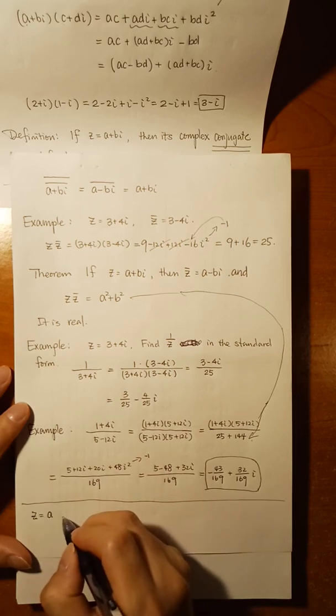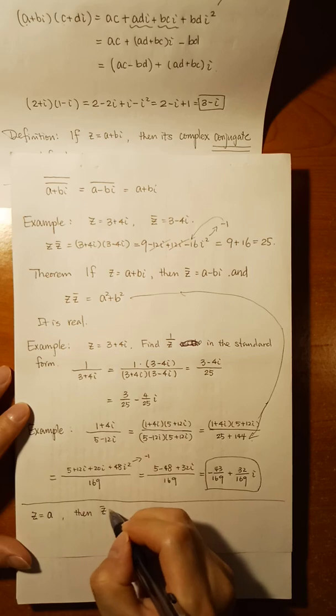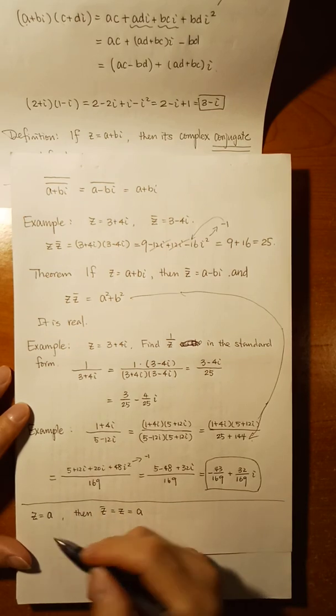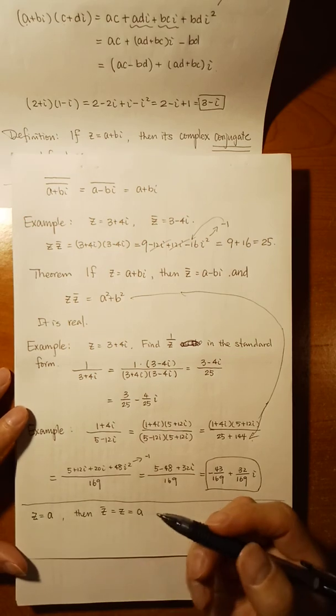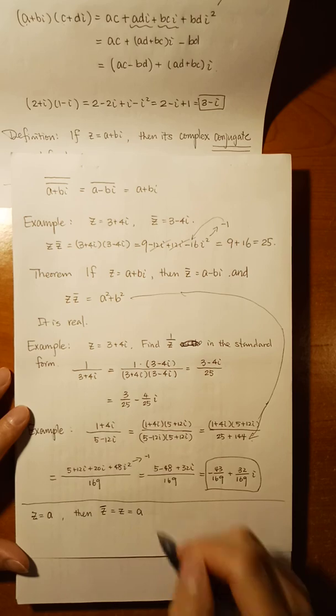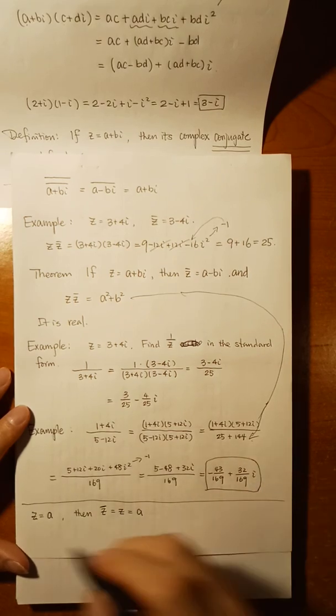Plus 0 and minus 0 are the same. So if z is equal to a real, then z bar is equal to z is equal to a, because plus 0 minus 0 is still 0. So the complex conjugate of a real number is itself.